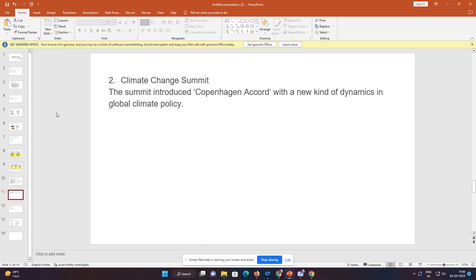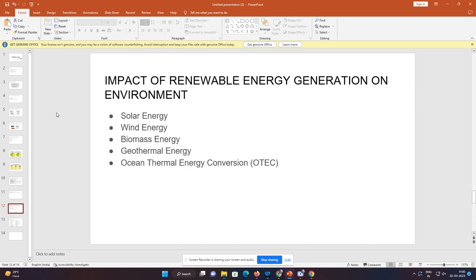The term of this protocol will end in 2012, so there was a need for a new climate protocol. The conference on the framework convention on climate change was attended by 193 countries from all over the world.